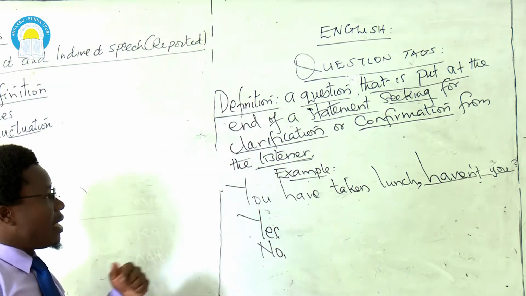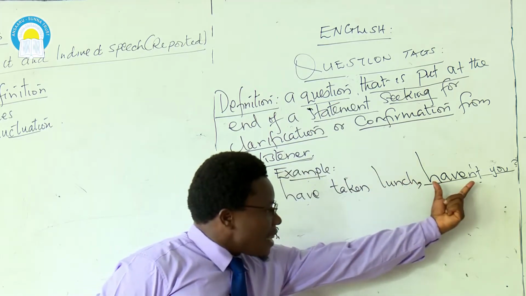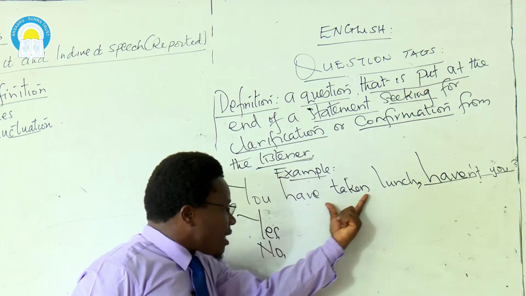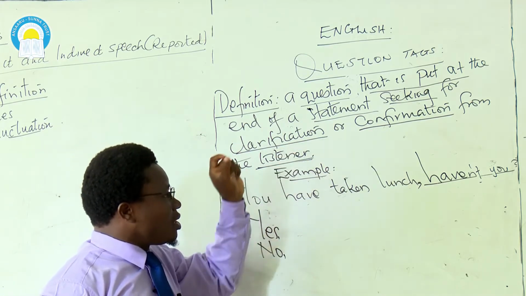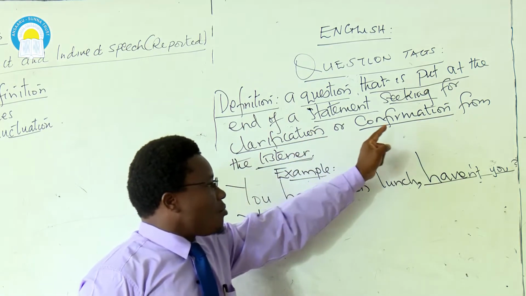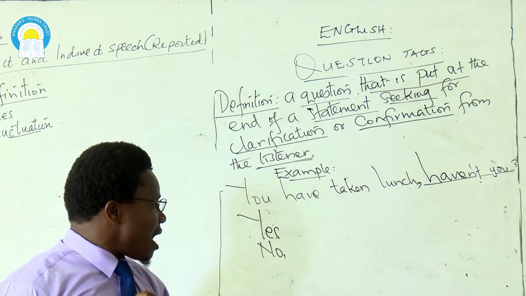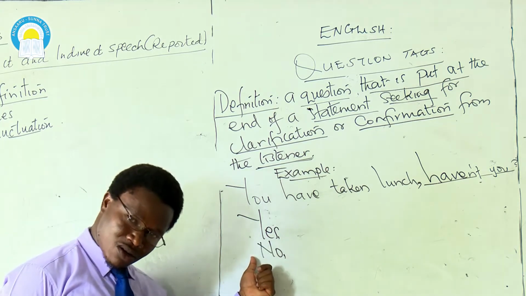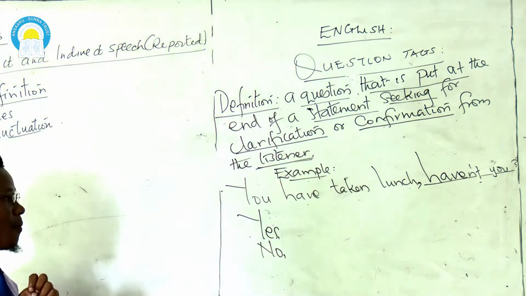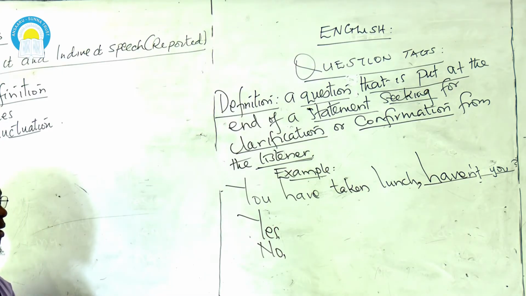That's why I've said that a question tag is a question that is put after a statement seeking clarification, seeking confirmation from the listener. And the expected answer is either yes or no. Then what is it that we are talking about as a statement?